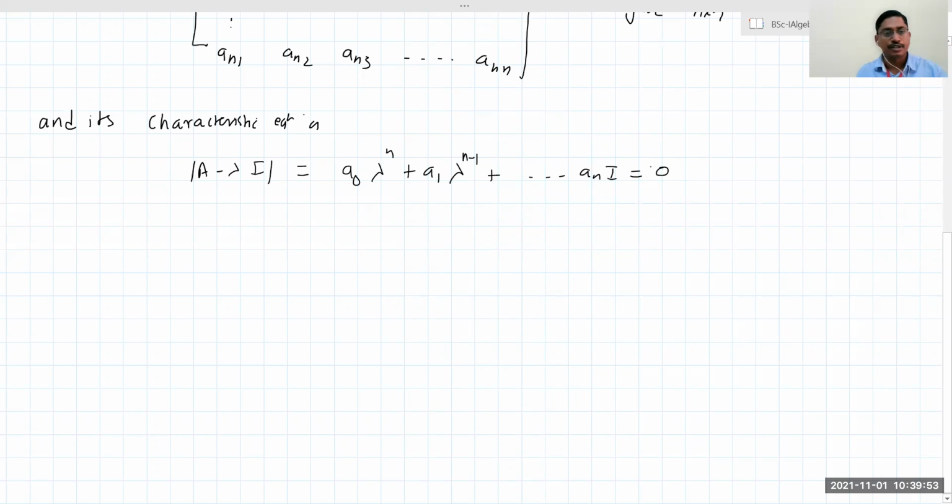This is its characteristic equation, and we have to show that the matrix satisfies it. So we don't directly say that A minus A will be 0. We are not going to prove it that way. It is not a proof like that.